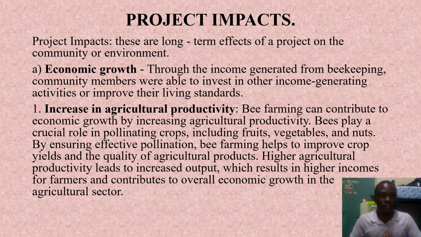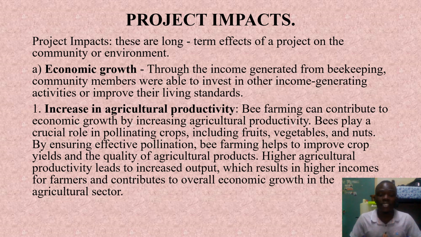Under economic growth, the first indicator we have is increase in agricultural productivity. What do we mean by that? It simply means the agricultural output has increased as a result of apiculture, or bee farming.